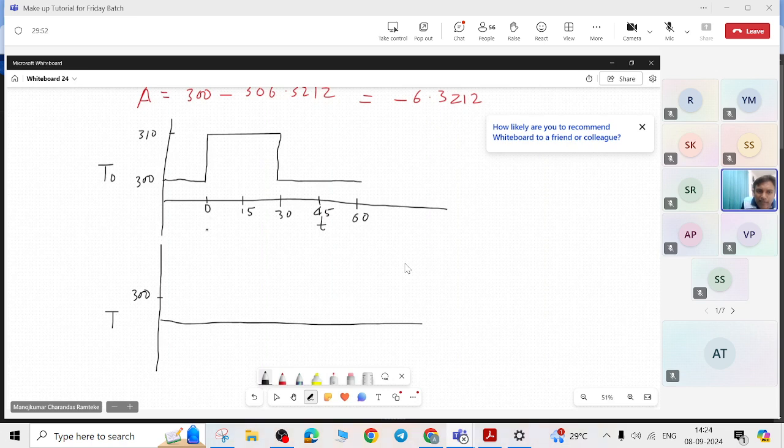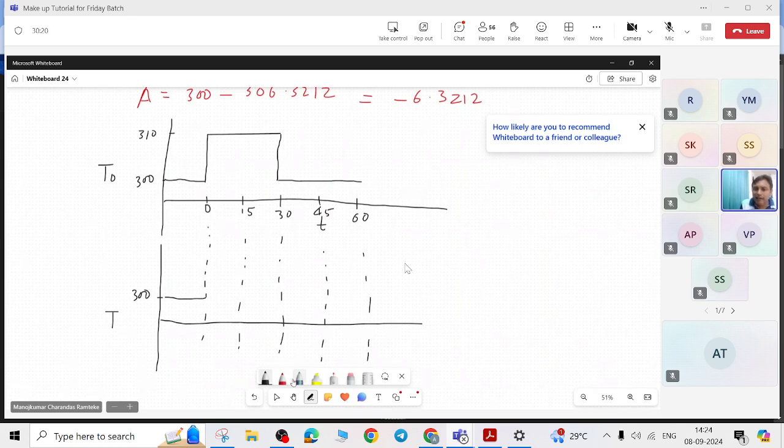You can see this is the 0 line, this is 15 seconds, this is 30 seconds, this is 45, this is 60. From 300 I will continue, and from here the actual temperature will start increasing.